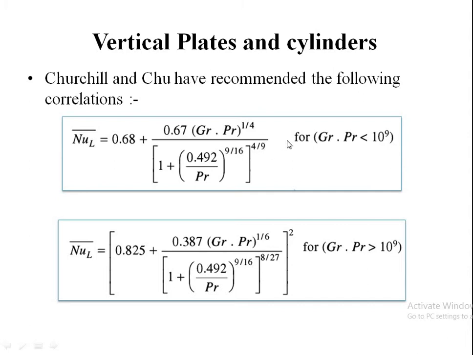Now this equation can be used when the Rayleigh number is less than 10 raised to 9, that is, the product of Grashof number and Prandtl number is less than 10 raised to 9.